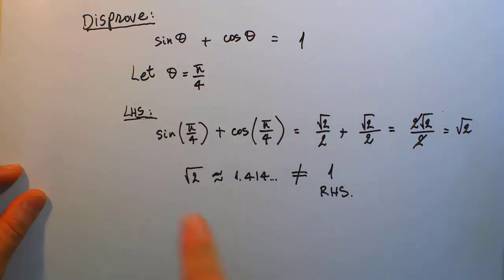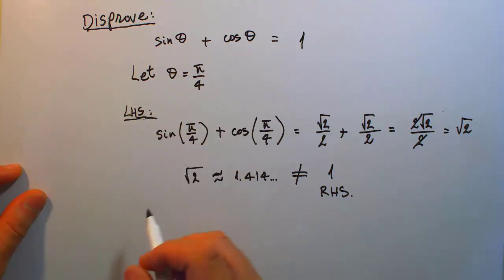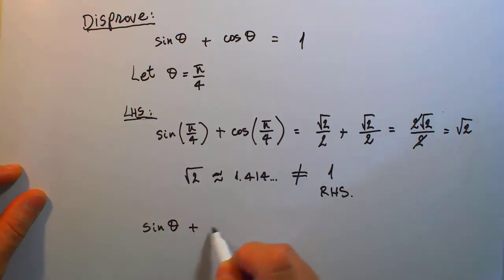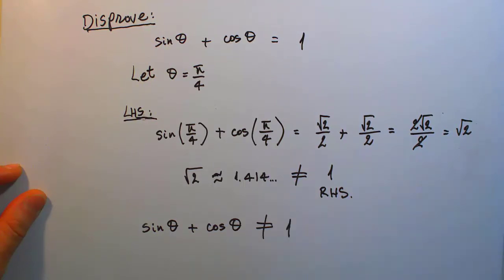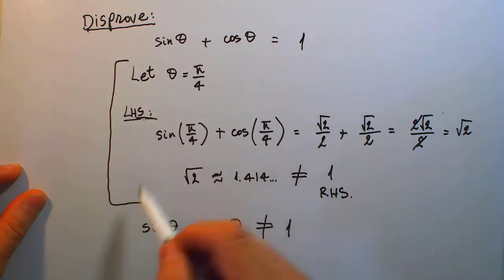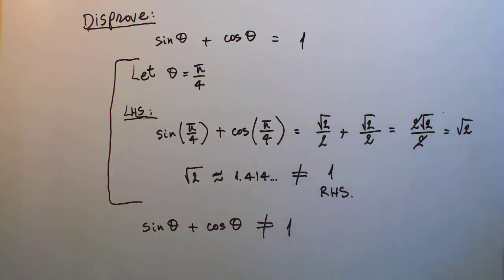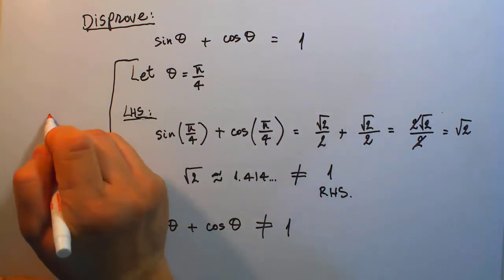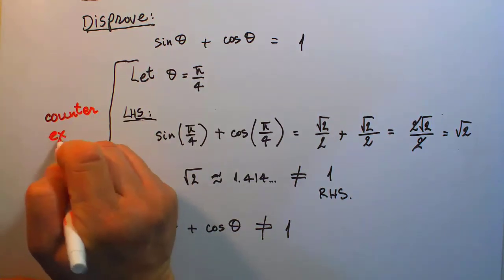This is a perfect proof that sine of theta plus cosine of theta does not generally equal 1. Our one example that makes the equation false is referred to as a counterexample.